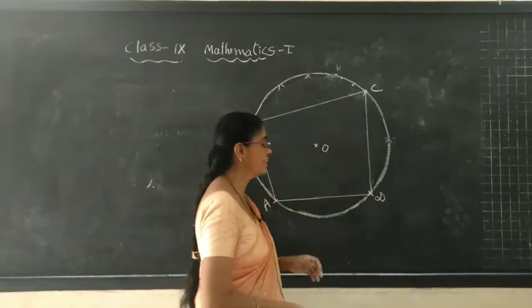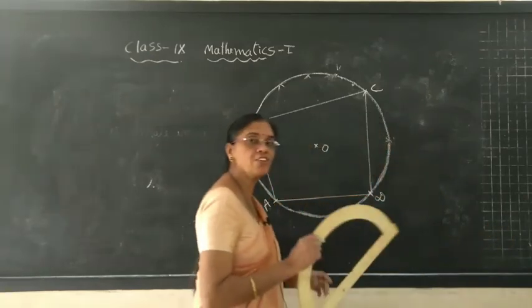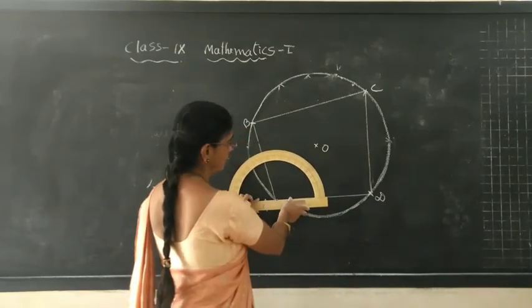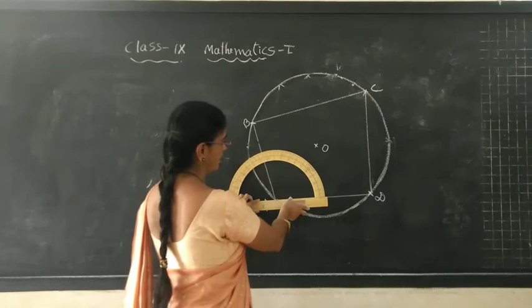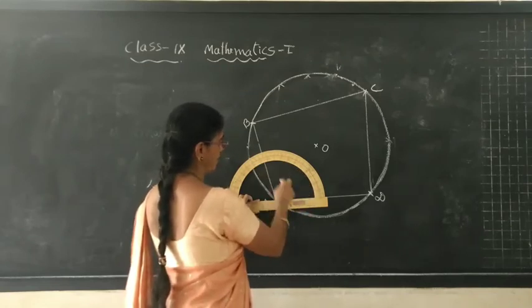Now, your work is to keep your protractor at all 4 points. At A, measure the angle; from this end you have to count 0, 10, 20 like this way.